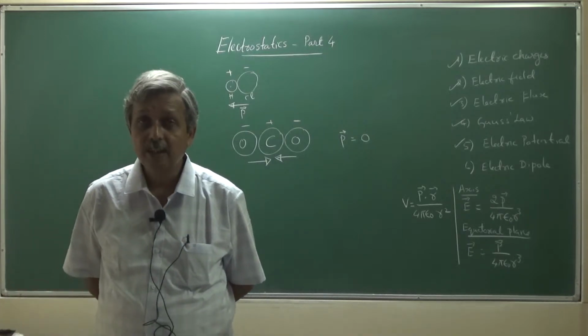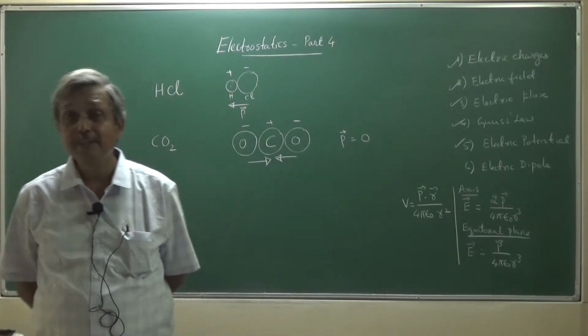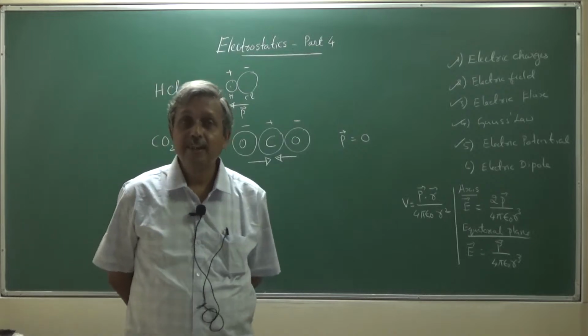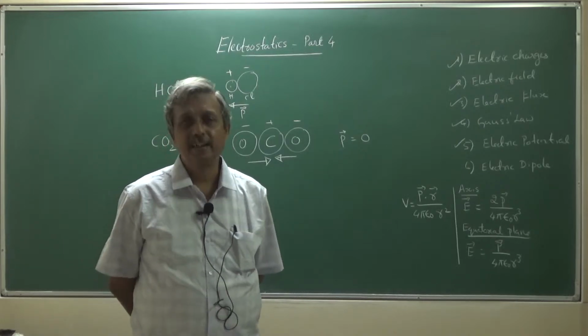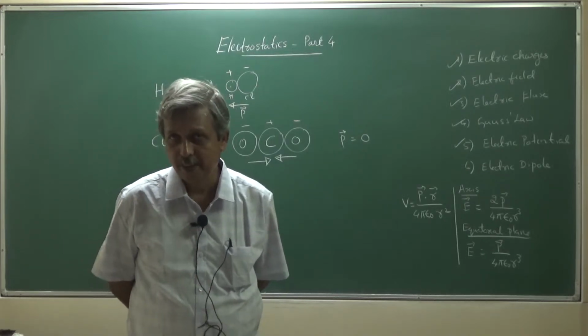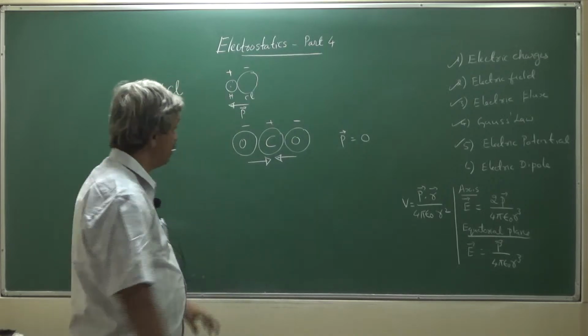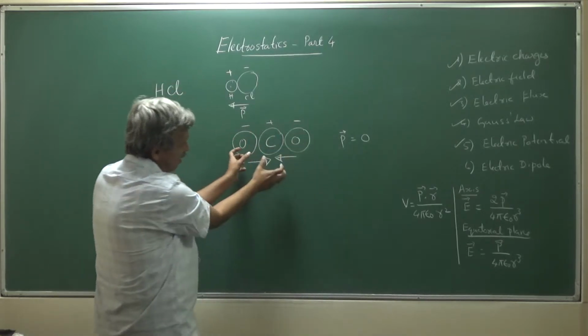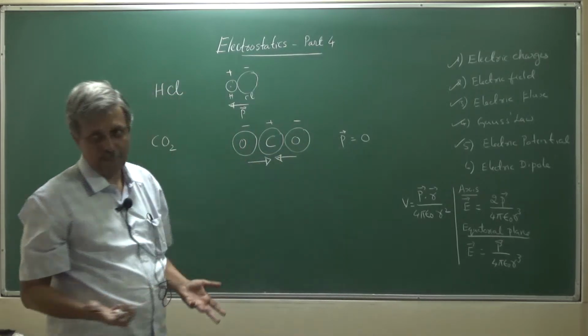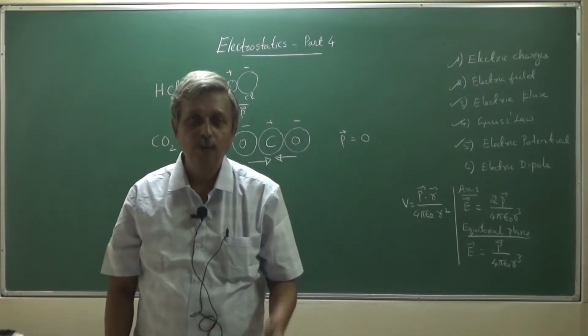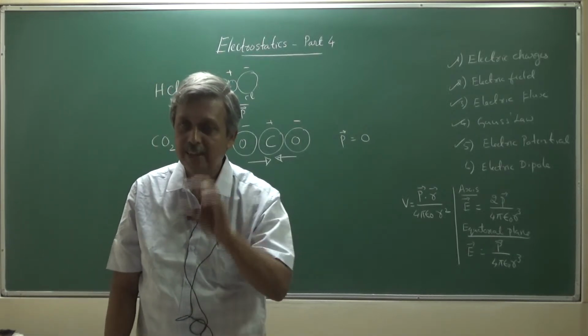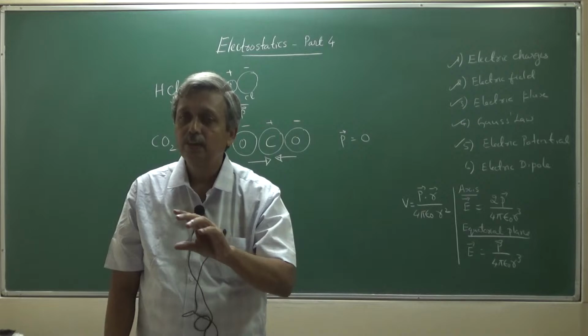So, carbon dioxide does not have a permanent dipole. We call it permanent because it is naturally there; you don't have to do anything to create it. If you bend the carbon dioxide it might have some dipole, but that's not how nature is. In nature it has no dipole.